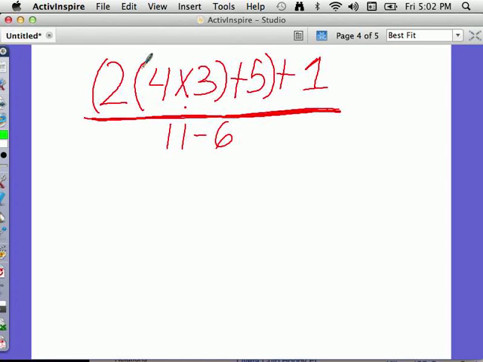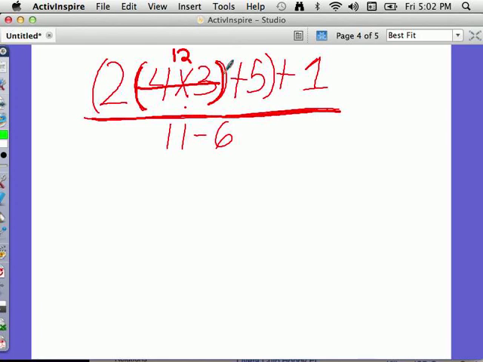So 4 times 3 would give me 12. Now, if I was to look at this problem, I have 2 times 12 plus 5. Now, how do I know I have times? Because whenever you see a number outside of parentheses, it means multiplication. It means to multiply. It doesn't have to have an extra sign. Nope. Sometimes it will, and sometimes it won't.